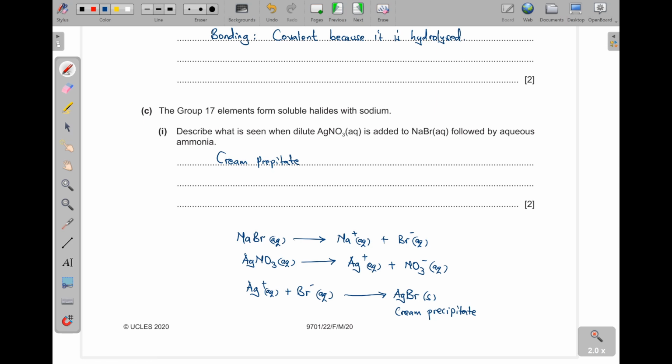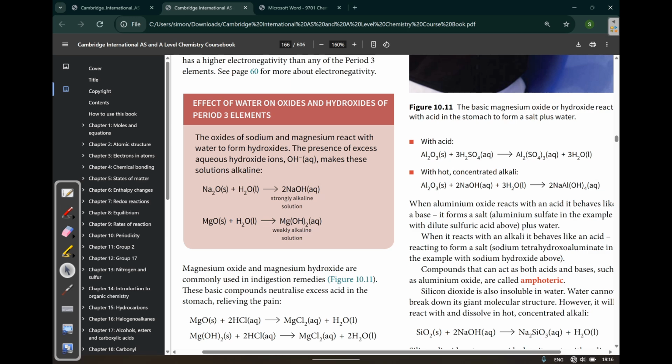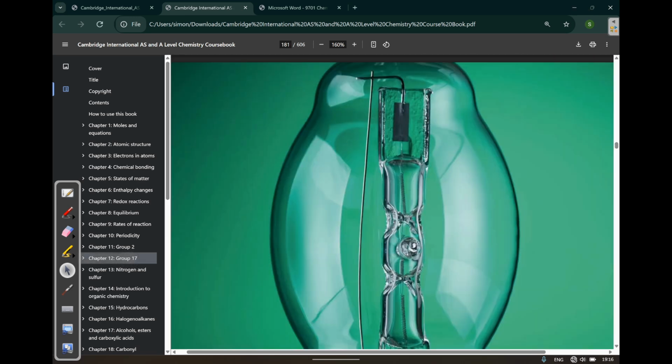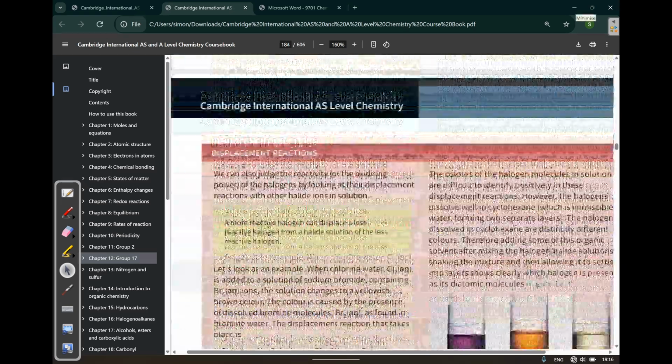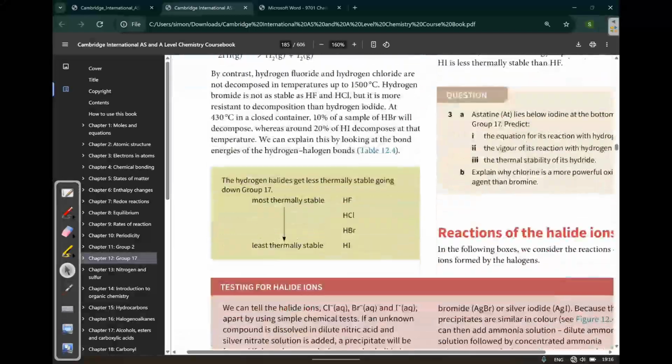And iodides are insoluble in aqueous ammonia and also concentrated ammonia. Let me show you something here. This is group 17. We are going to look for that table which talks about the solubility.